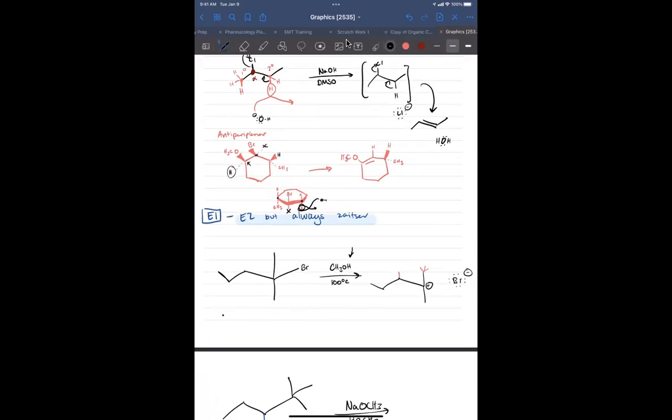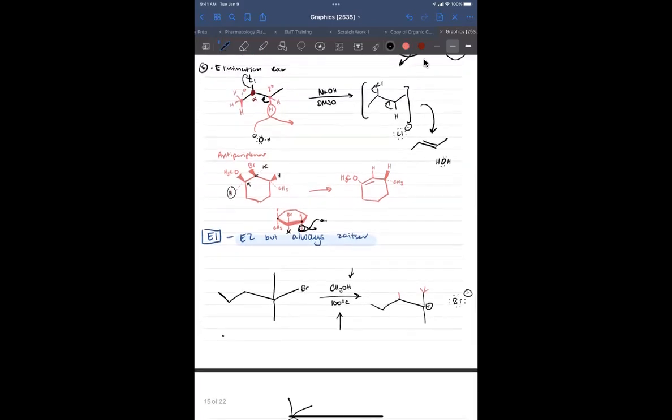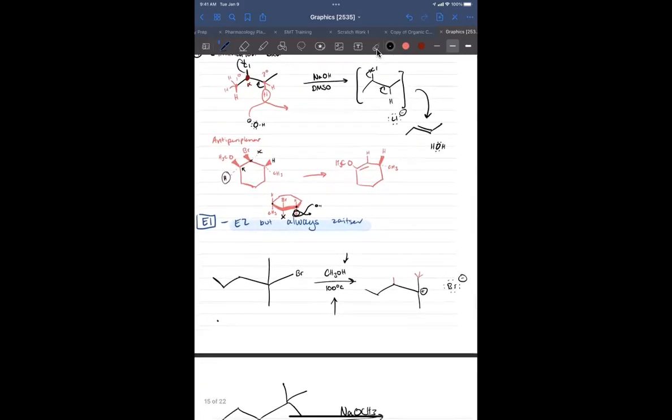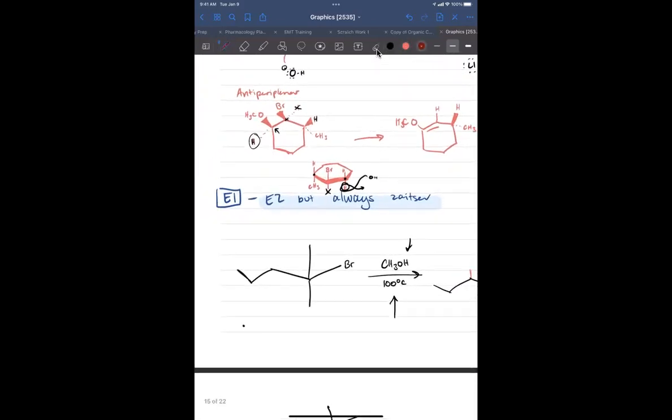You have a nucleophile that's also your solvent, except this time it's at high temperatures. At low temperatures is SN1, and at high temperatures is E1. And hold up, E1. So if we're looking at here, all right, well, this is our alpha carbon. These are beta carbons.